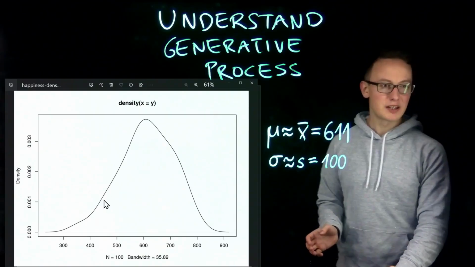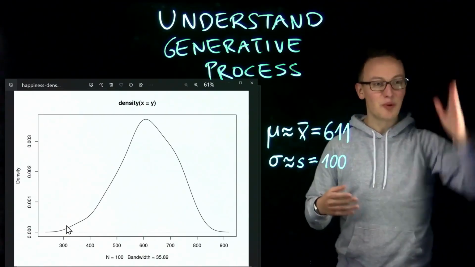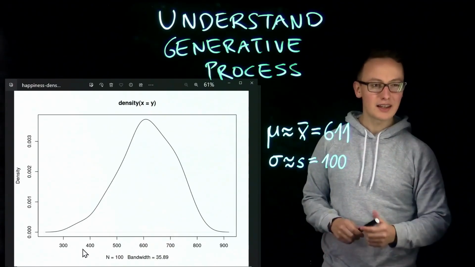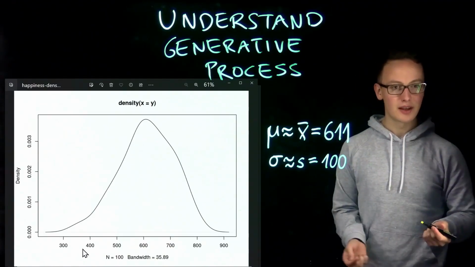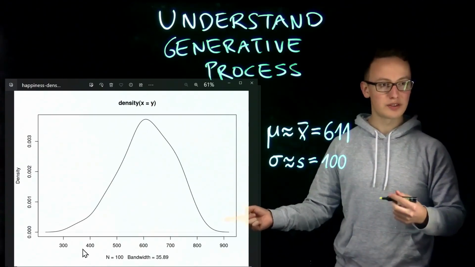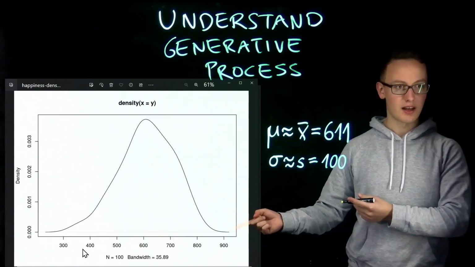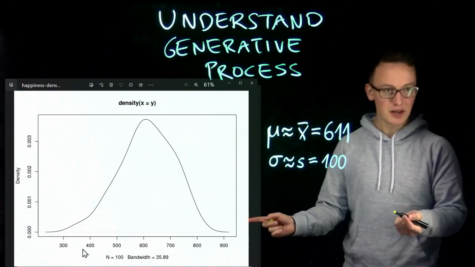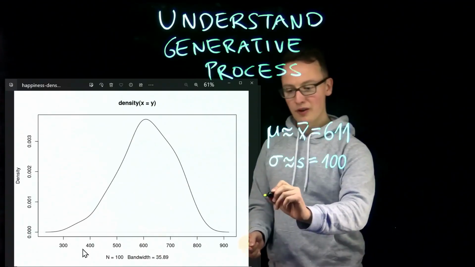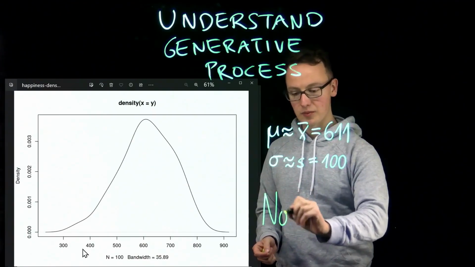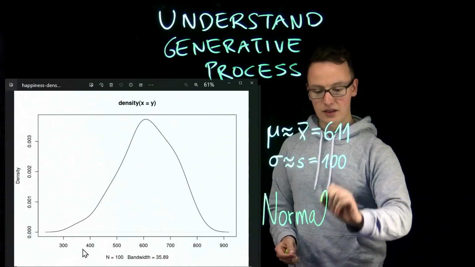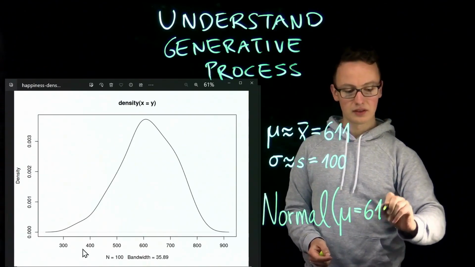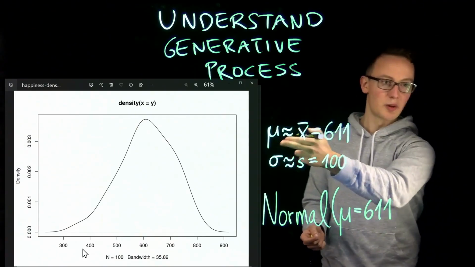And now, it doesn't look like a perfect smooth normal distribution, right? It's a bit more bumpy, but if we were trying to understand what kind of data generative process these happiness scores come from, a very useful first approximation would be to assume that they come from a normal distribution which has a mean of 611, because that's our best guess for the true population parameter.